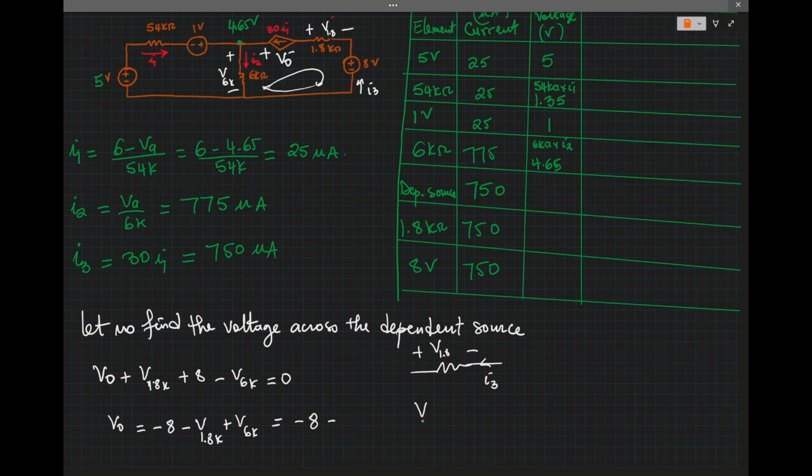When we use the passive sign convention, V1.8K will be equal to negative I3 times 1.8, which is negative 1.8 times the current, 750 microamps.